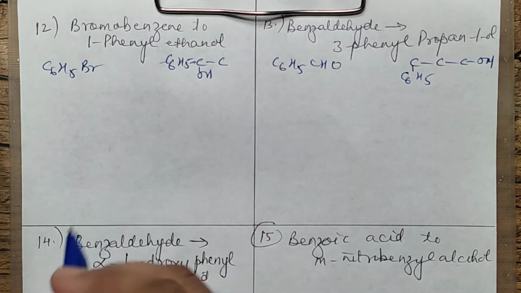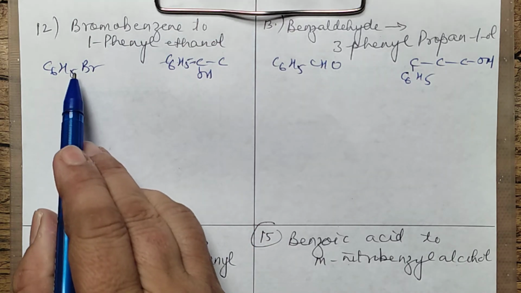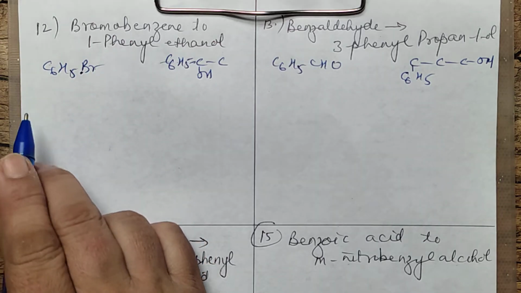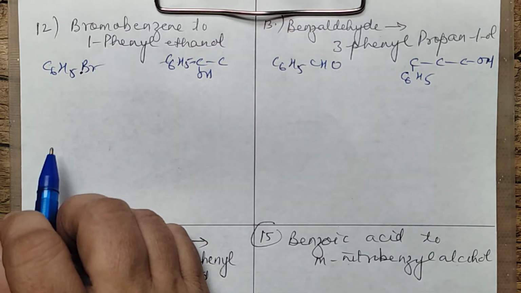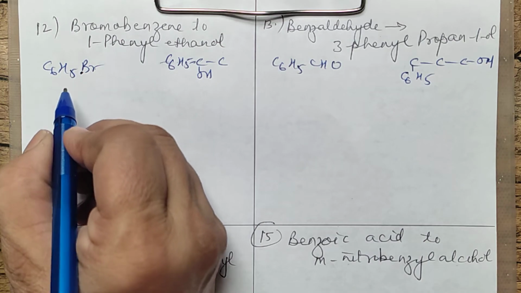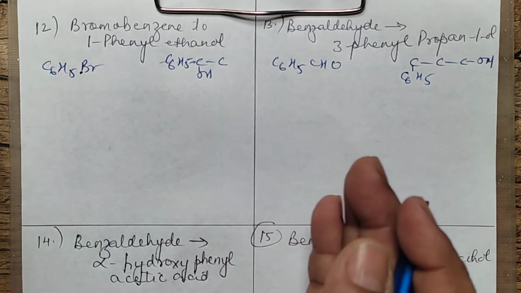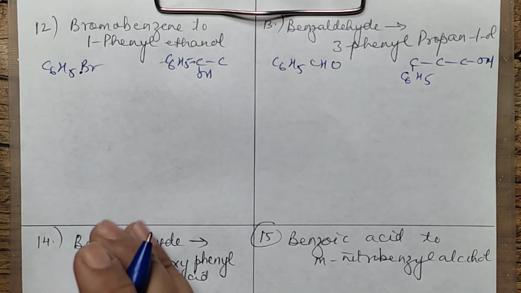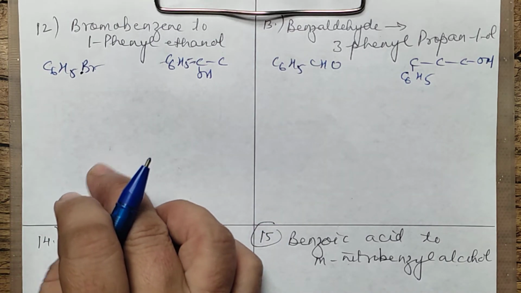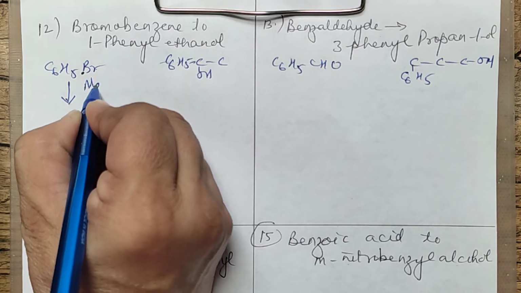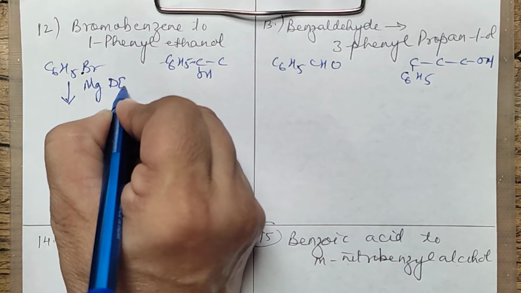The structure is here. We are increasing, in fact, 2 carbon atoms. So that means you have to think of Grignard reagent. You have to think of the addition to it. Acetaldehyde has to be added. So first what you do is you react this with magnesium in the presence of dry ether.